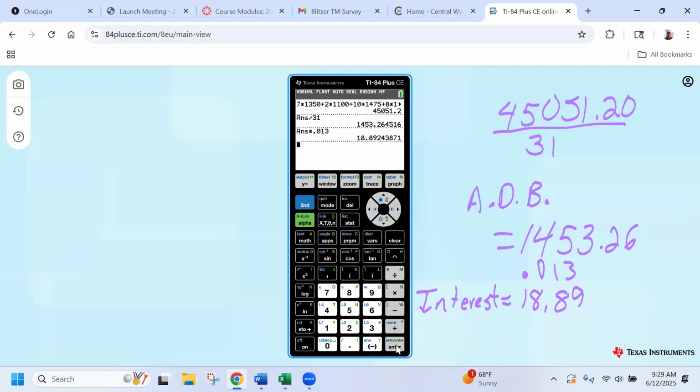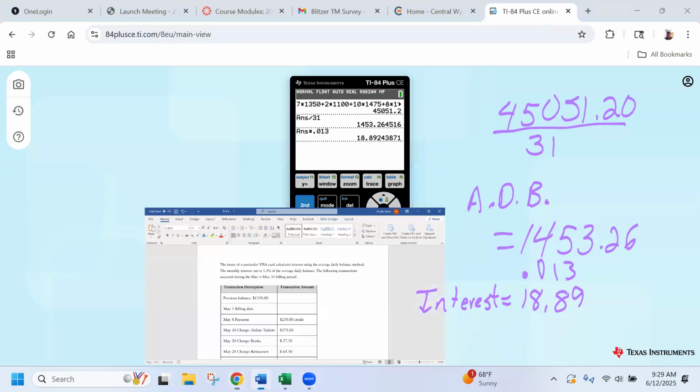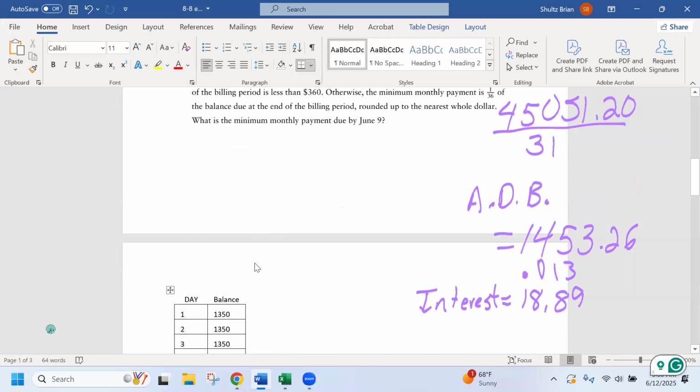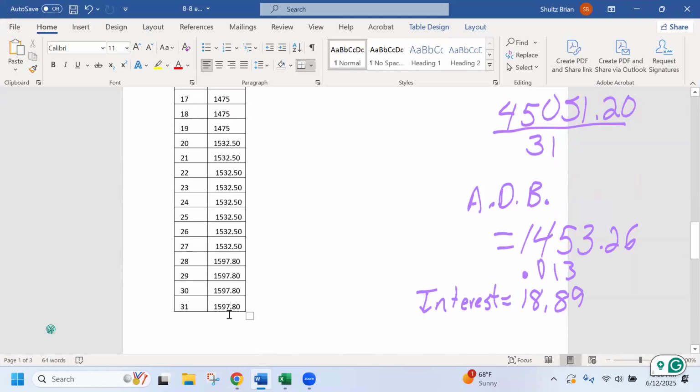Okay. So at the end of the 31 days, my balance from my spreadsheet was $1,597.80.